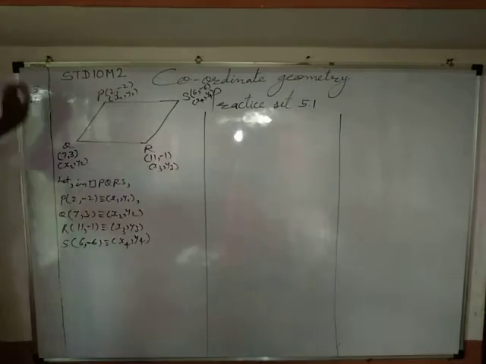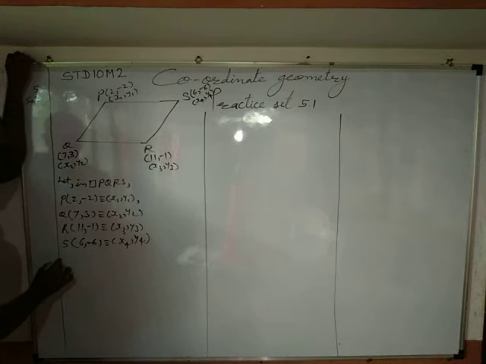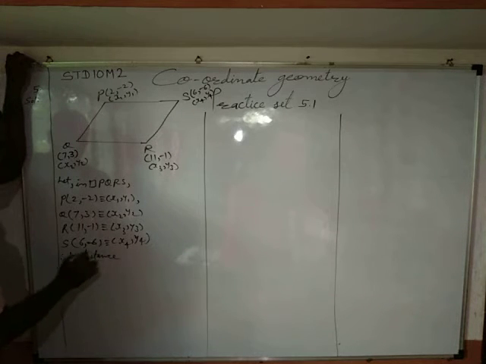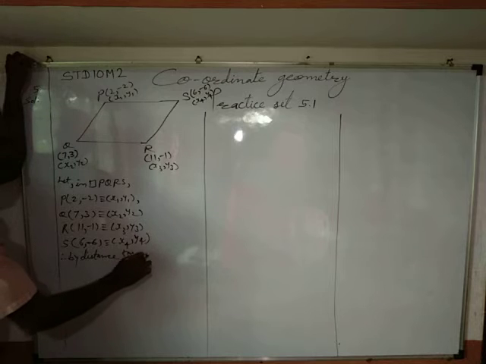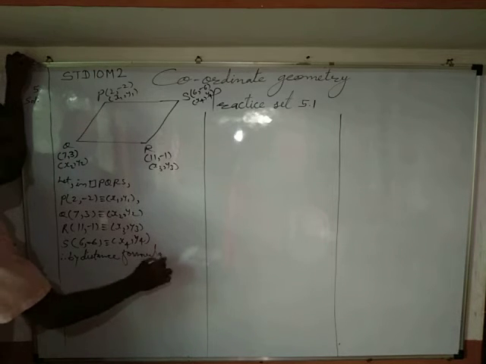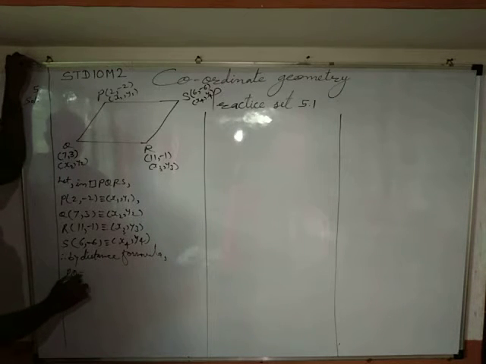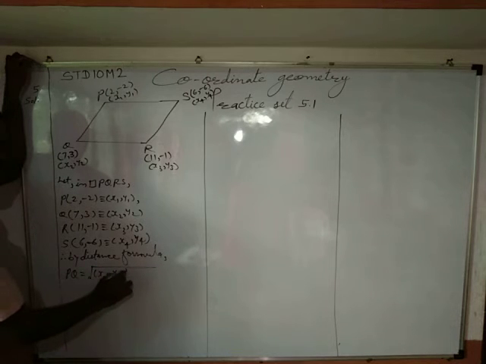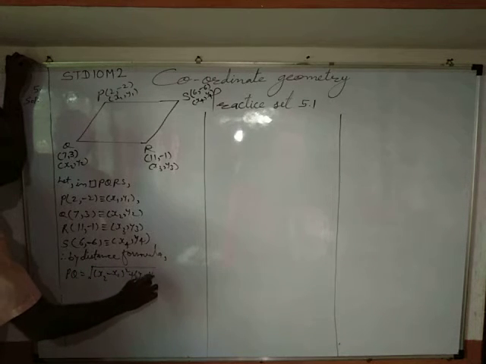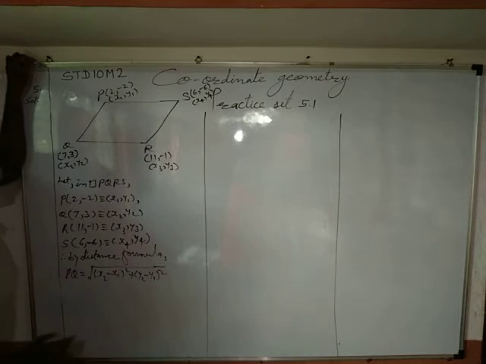By distance formula, PQ equals under root (x2 minus x1) square plus (y2 minus y1) square.